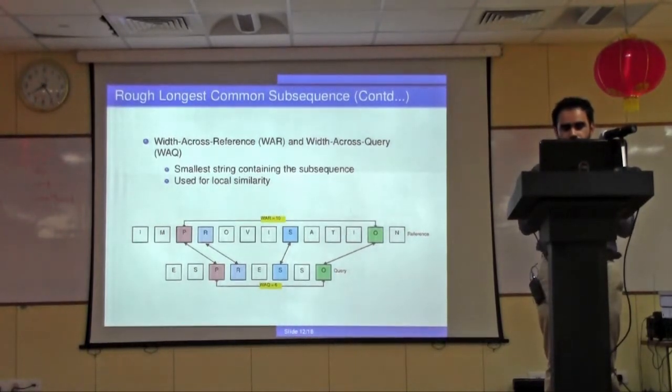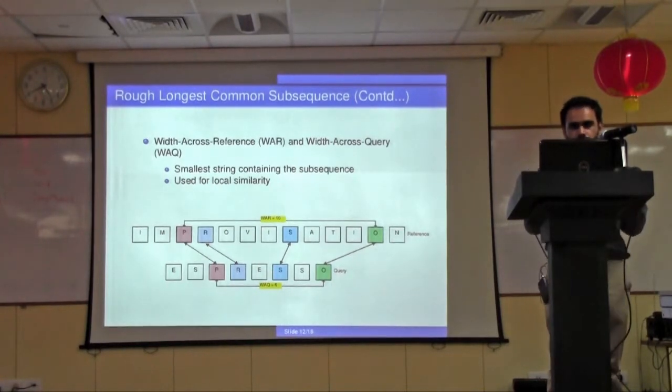The intuition is, the lesser the width across query, the denser is the distribution of my subsequence in the query. So it's pretty clear that the density of PRSO is less in the reference than in the query.